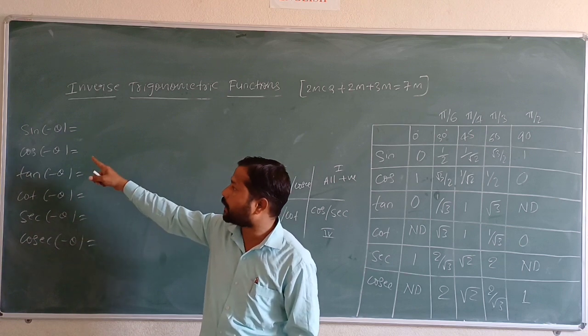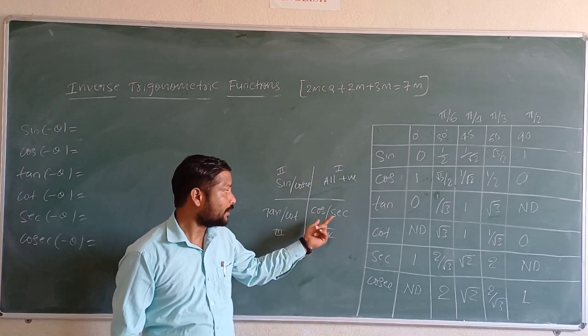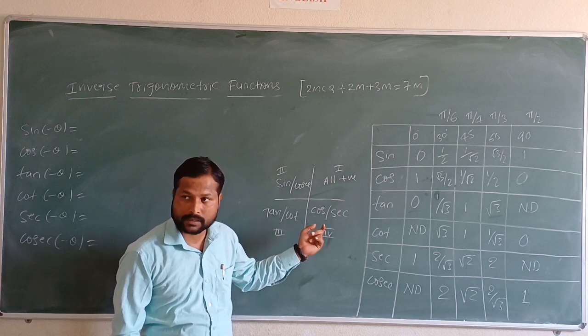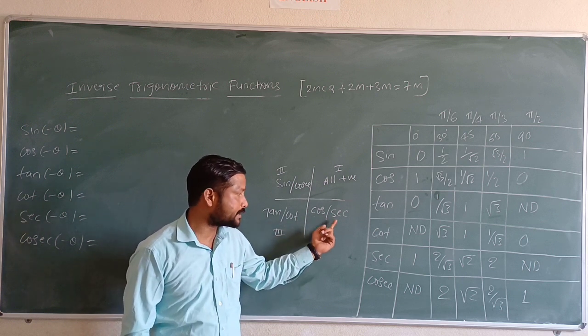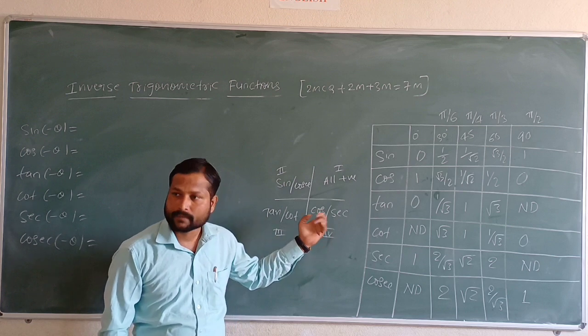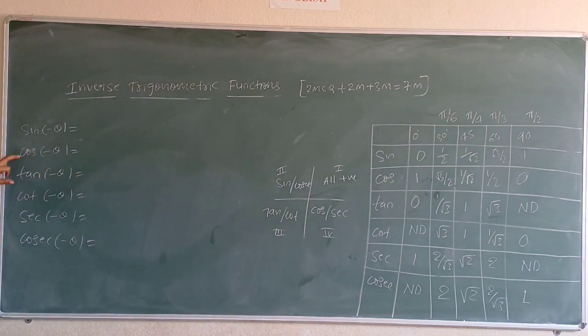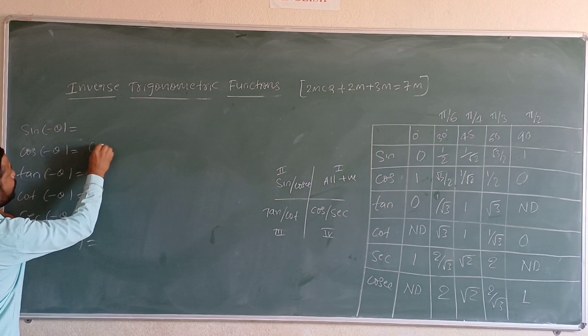Negative angles lie in the fourth quadrant. In the fourth quadrant, which two functions are positive? Cos and secant are positive, remaining are negative. Correct? Then write cos and secant in positive form, remaining in negative form. Cos of minus theta is plus cos theta.